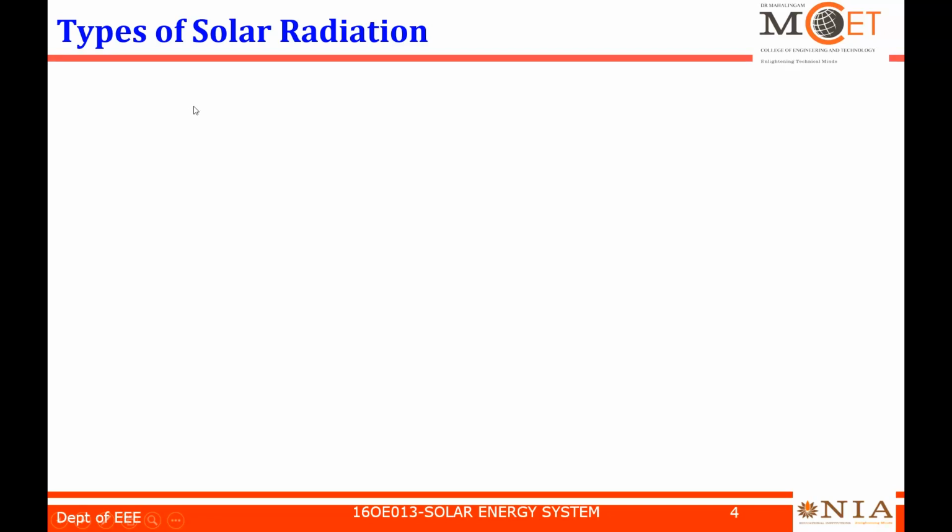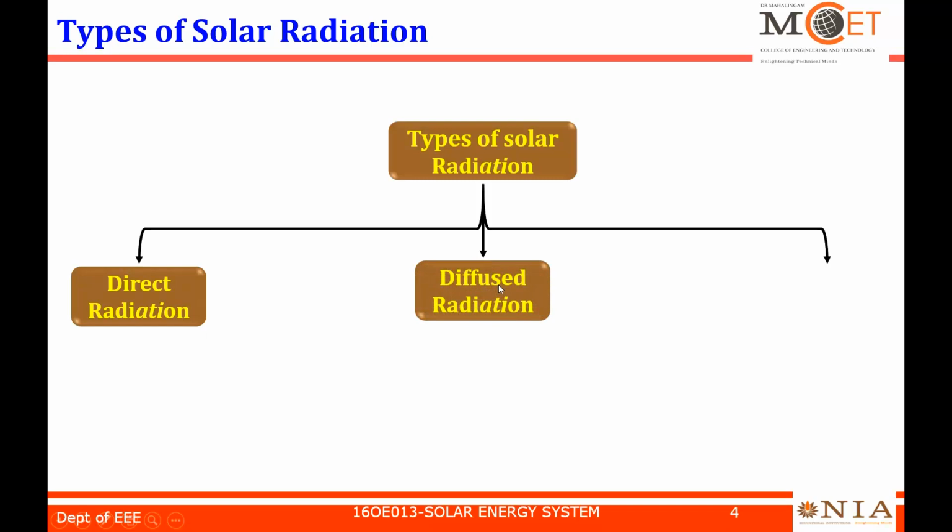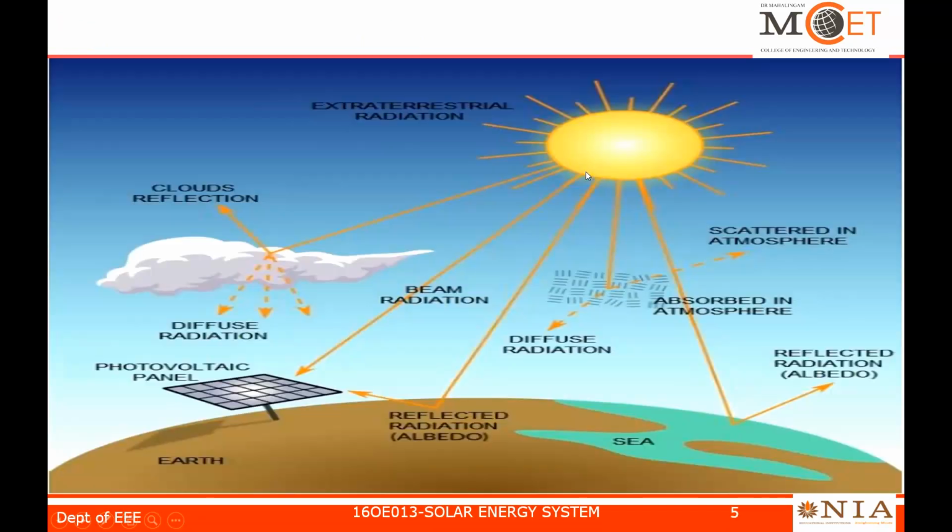Now we are going to discuss the types of solar radiation. Types of solar radiation are classified into three categories. First one is direct radiation, second one is diffuse radiation, and third one is global radiation. Direct radiation is also called beam radiation.